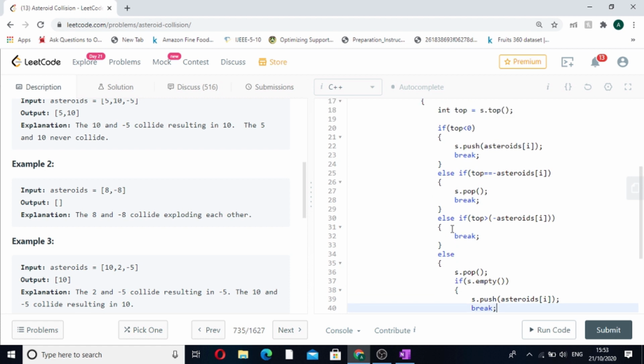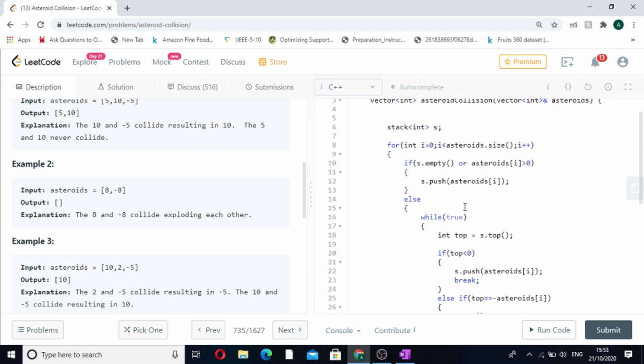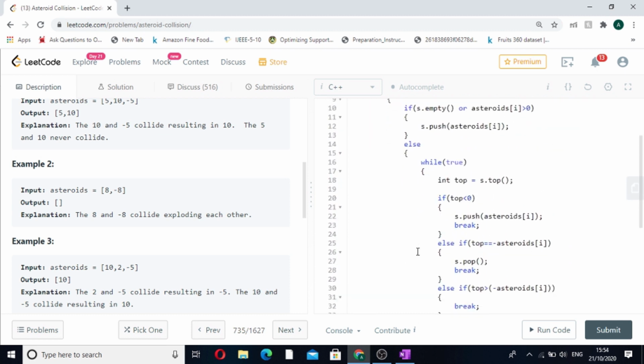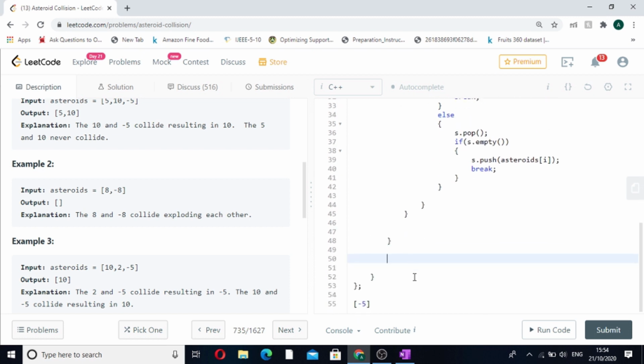So this was the whole condition we can find out of this question, that is we have to loop through all the asteroids and check on some of the condition. So after the for loop is ended, the elements which are present in the stack will be our output result.